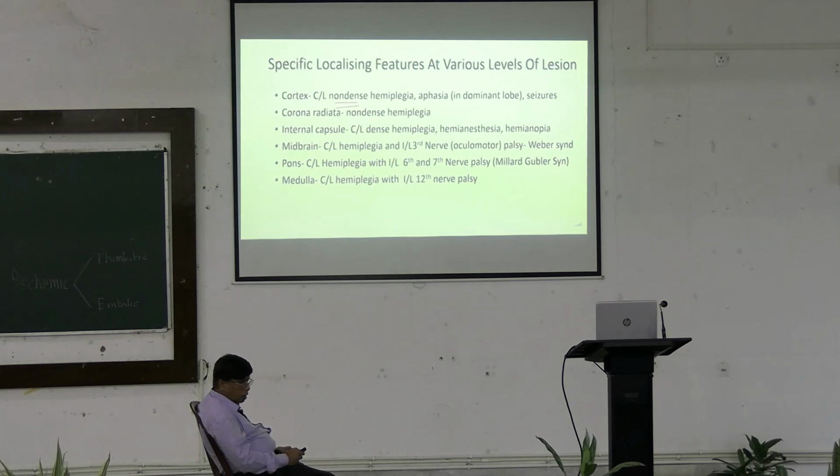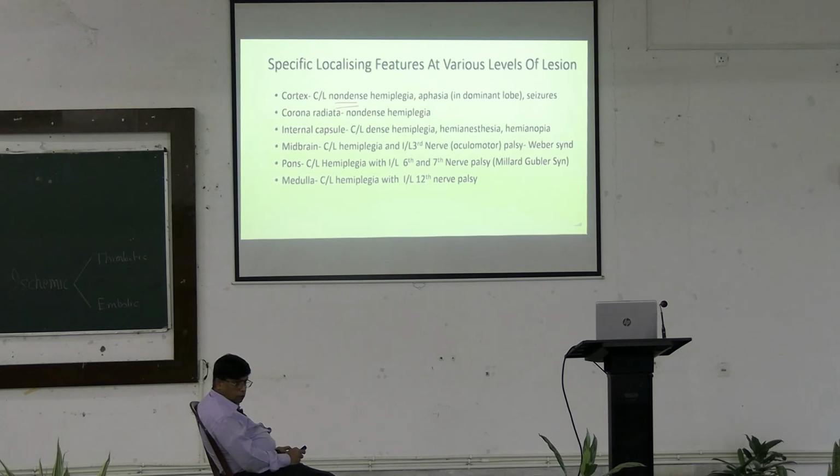You know the Broca's area from the previous picture. If your dominant hand is the right side, then the left is the dominant hemisphere. If the lesion is there and Broca's area is involved, there may be aphasia. Aphasia is a cortical sign, and it indicates the lesion is in the cortex.